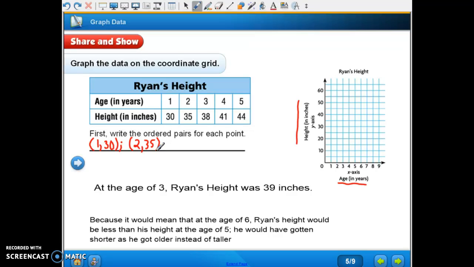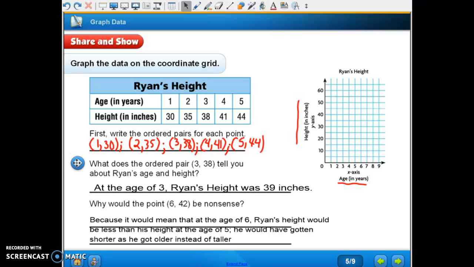Then another semicolon. Then we're going to have parentheses, 3, 38, semicolon, 4, 41, close the parentheses, semicolon. And the last point we're going to plot will be 5, 44. Okay?